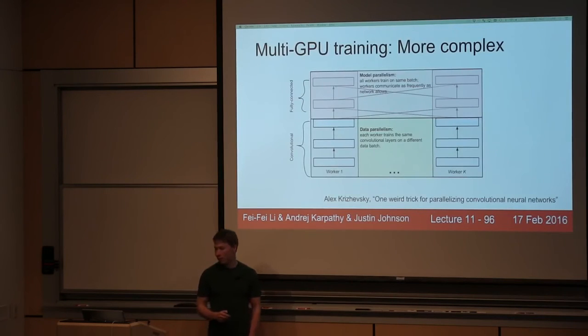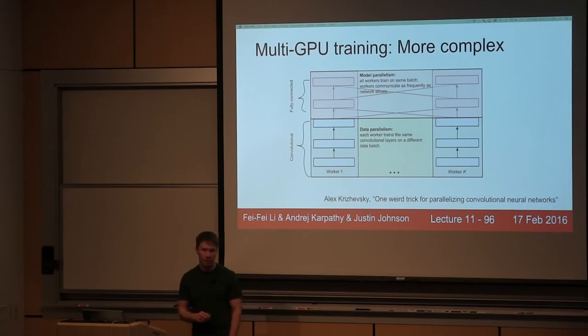A slightly more complex idea for multi-GPU training actually comes from Alex Krizhevsky of AlexNet fame. The idea is that we want to do data parallelism on the lower layers. On the lower layers, we'll take our image mini batch and split it up across 2 GPUs, and GPU 1 will compute the convolutions for the first part of the mini batch, so the convolution part will be distributed equally across the GPUs.